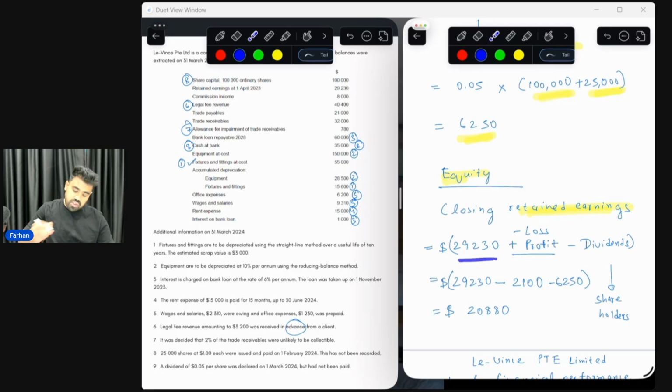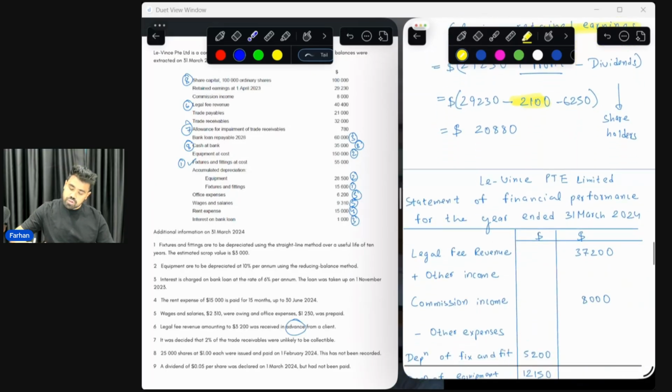That is what you can see here in the second balance, 29,230. Then we add any profit, or if we have got a loss, we subtract it, and then we subtract any dividends which are distributed to shareholders. And the dividends in this case is 6,250. You have not yet really calculated the profit or loss, so we will now have to go through the statement of financial performance first to find the profit and loss.